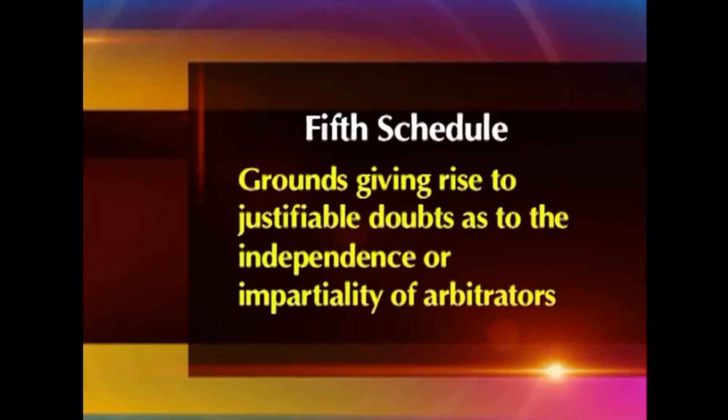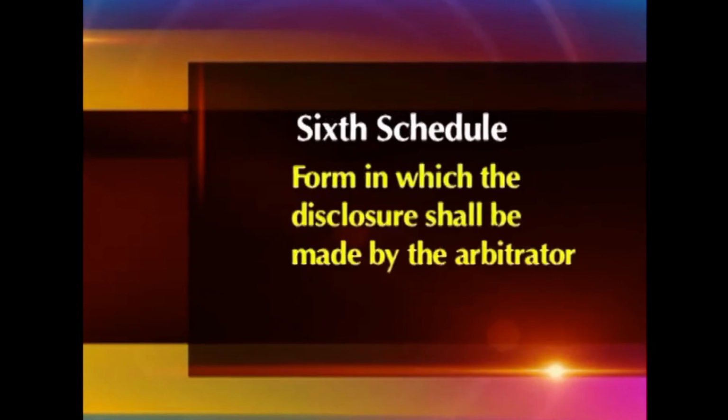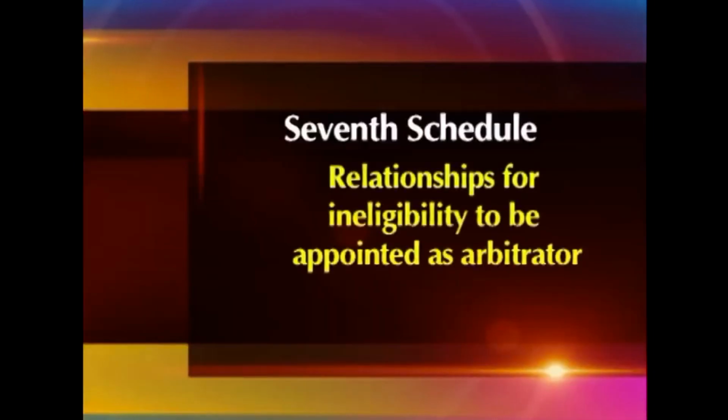The fifth schedule contains grounds giving rise to justifiable doubts as to the independence or impartiality of arbitrators. The sixth schedule contains form in which disclosure shall be made by the arbitrator when approached for appointment. And the seventh schedule contains relationships for ineligibility to be appointed as an arbitrator.